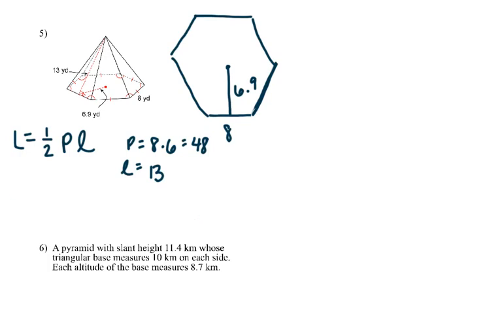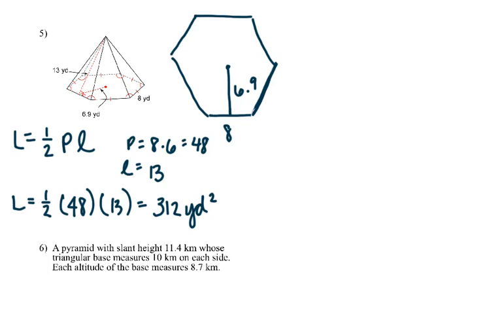Okay, so total lateral area, half of the perimeter, which is 48, times that slant height, 13. So 24 times 13 is 312 square yards.